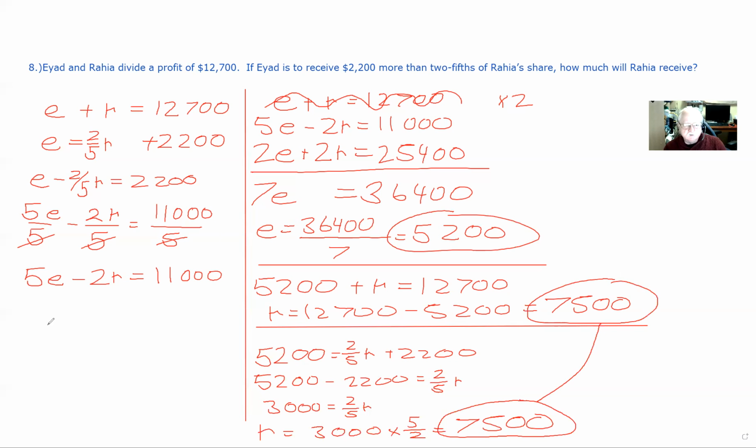So we like the fact that this is equal to this, and therefore we're probably happy with this one here. So if our ordered number pairs, if we go x, y as E, comma, R, we're saying these two lines intersect at 5,200 and 7,500. And they've asked specifically how much will Rhea receive.